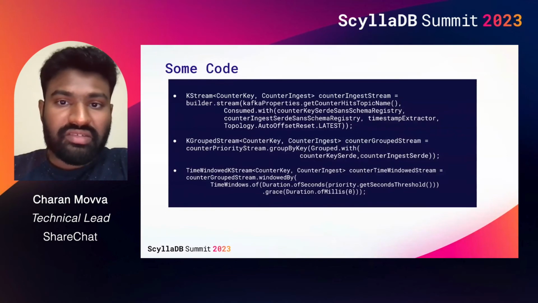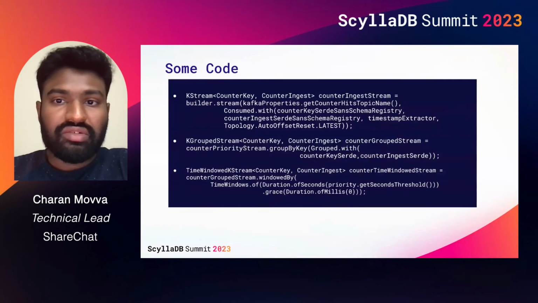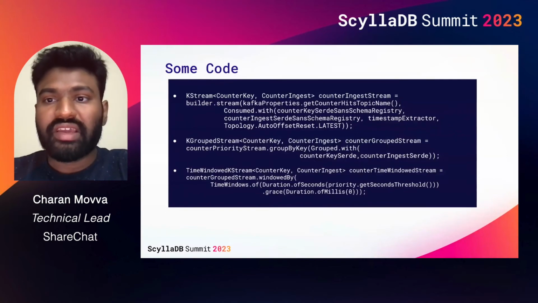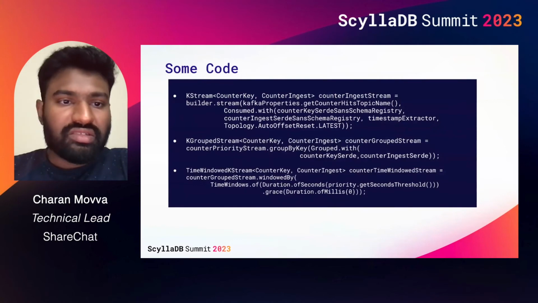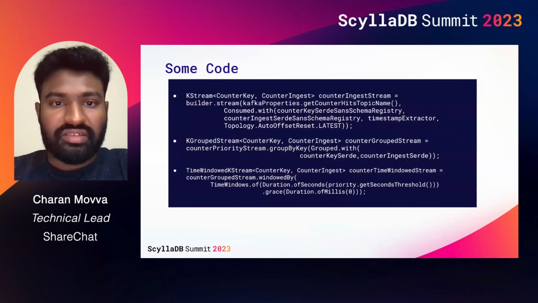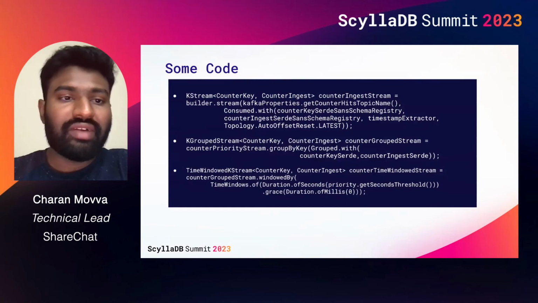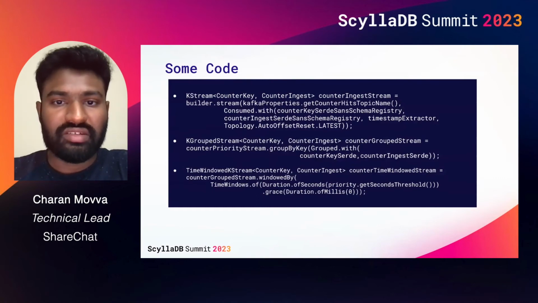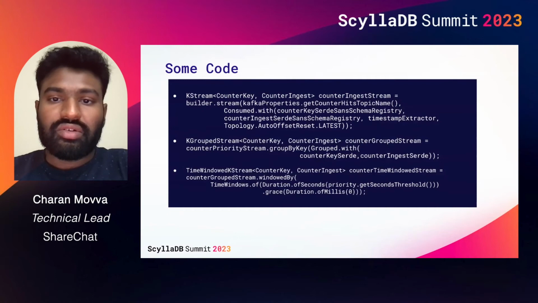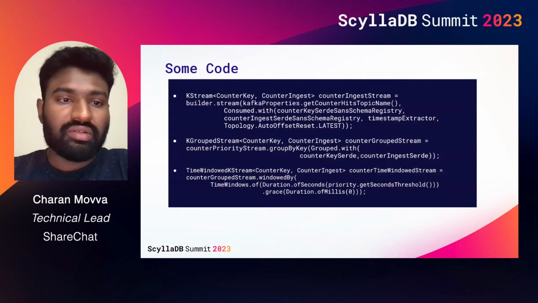As mentioned in the previous slide, we branch out streams based on the aggregating window, which is the counter priority stream. And within that particular priority stream, we further group them by the key, right? We are providing the key value serde for the serialization, and this returns a grouped stream configured with key value serde.